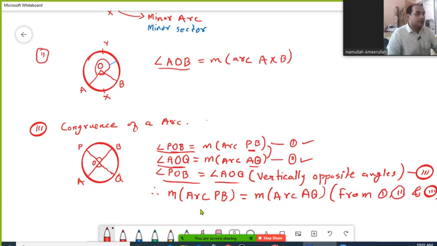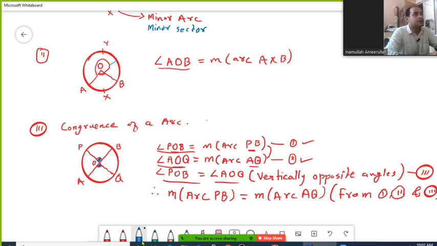So what we discovered here, if two arcs are inscribed by congruent angles, then both the arcs will be congruent. So these two angles, POB is same as angle AOQ because they are vertically opposite angles.